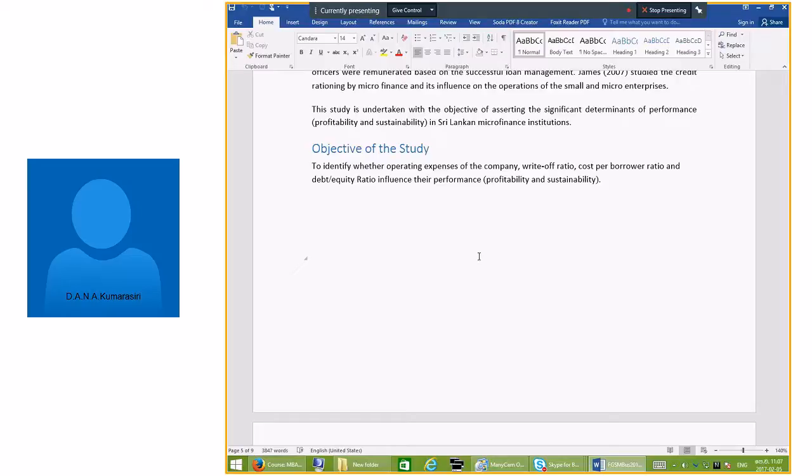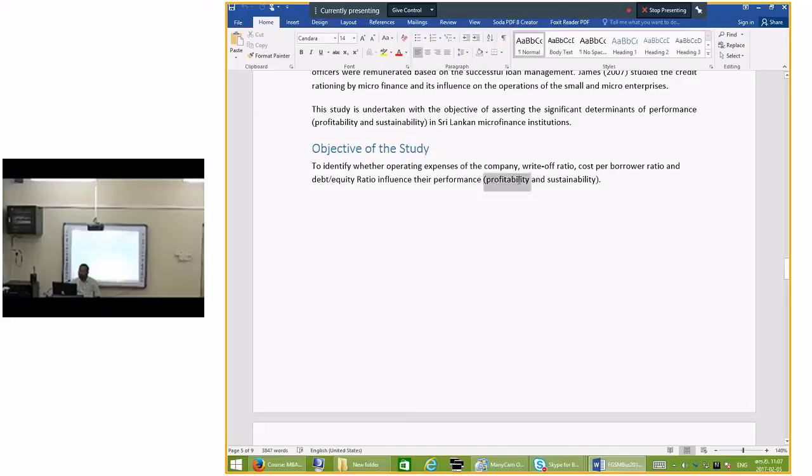Now, are you going to check profitability or sustainability? These are different words, so you need to use a different assessment. Which one do you use, sustainability or profitability? Profitability, sir. That is return on assets.